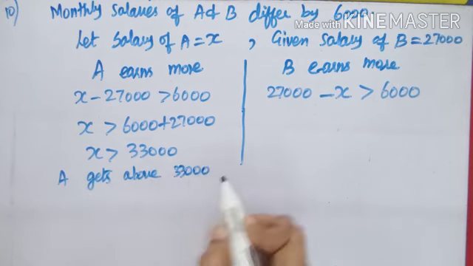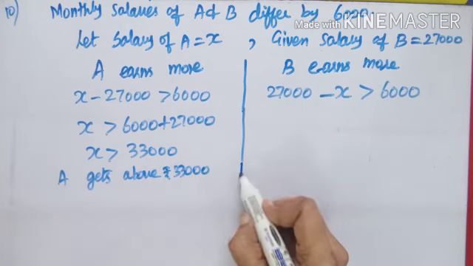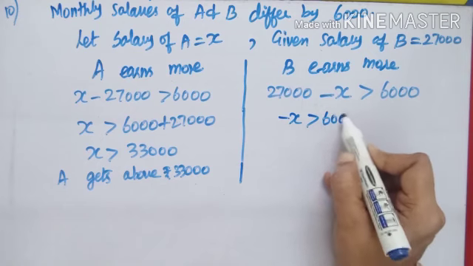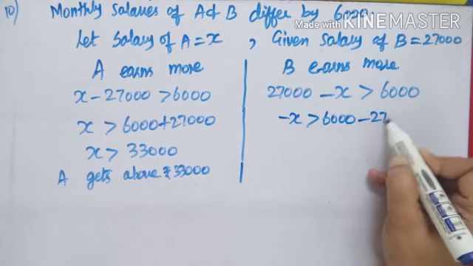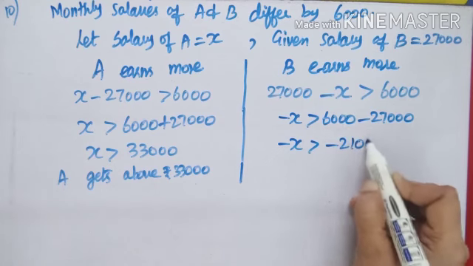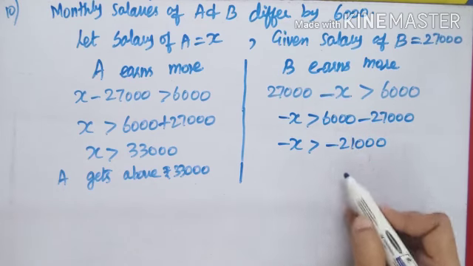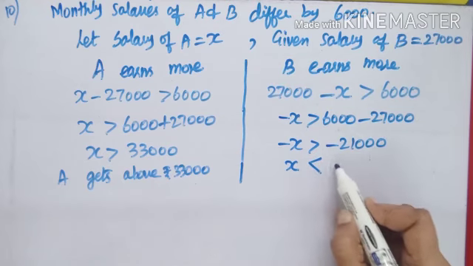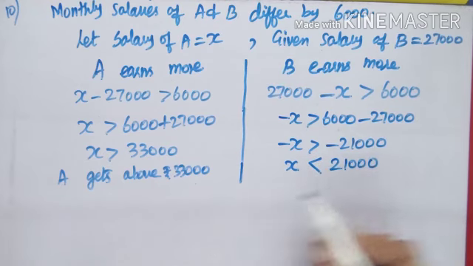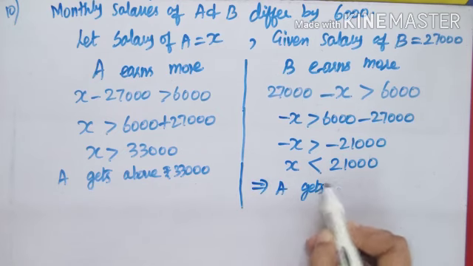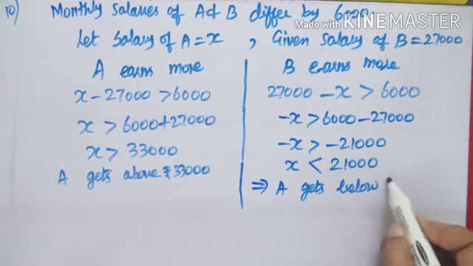So this idea tells me A gets above 33,000 rupees. What about this idea? Minus x greater than 6,000 minus 27,000. Minus x greater than minus 21,000. Change the symbol, so the inequality changes: x less than 21,000. So this tells me A gets below 21,000.